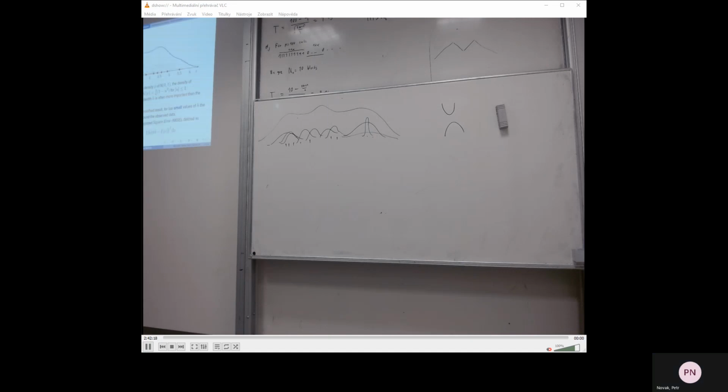And it can be shown that there are several ways how to find an optimal way how to choose the bandwidth. Sometimes we want to minimize the mean integrated square error, so the expectation of the integral between the kernel estimate and the actual density.